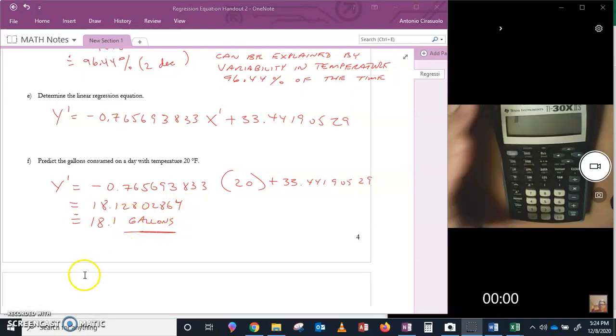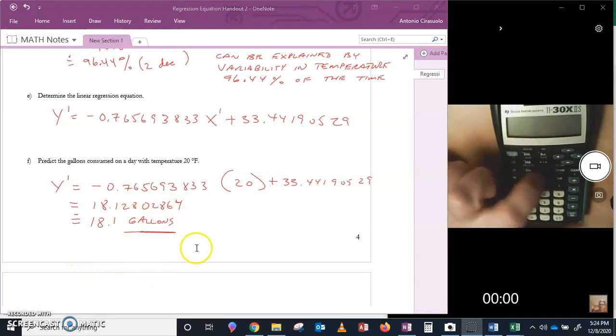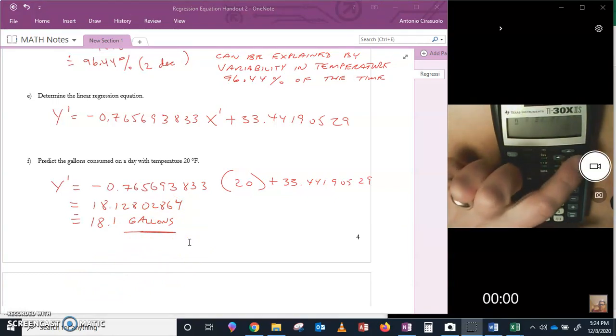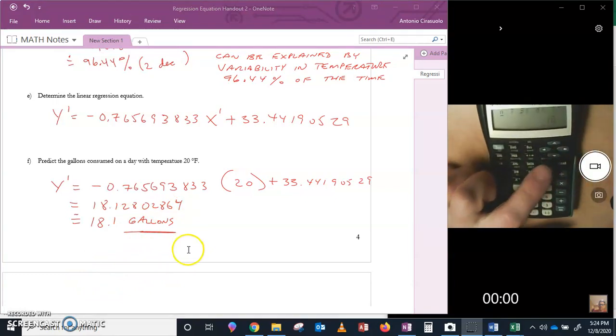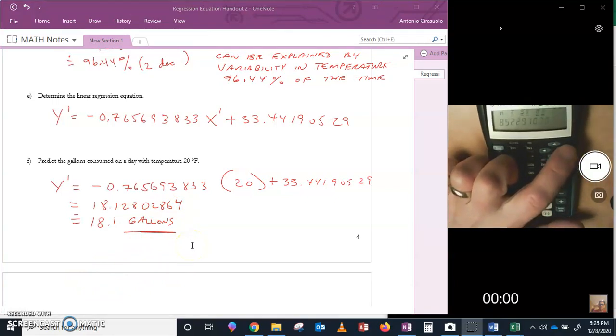Now your calculator also has a built-in function. Okay, so if you go to your stat bar and you scroll over, there's your x prime and there's your y prime.